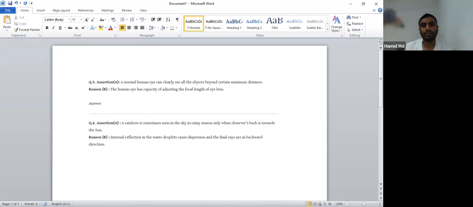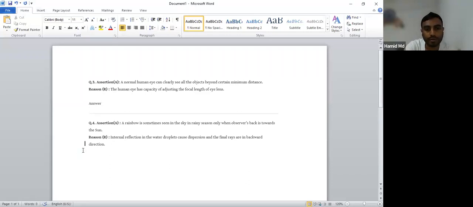Internal reflection in water droplets causes dispersion and the final rays are in the backward direction. So how was the process? Anyone remember?